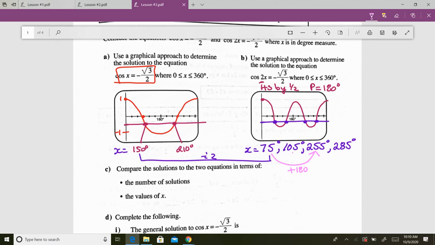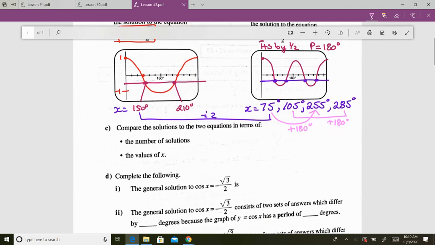And if I add 180 to 105, I get that one. So the number of answers is increased by a factor of 2, okay? And the difference between those answers are multiples of the period of the new graph, okay? All right, that's the visual representation of it.